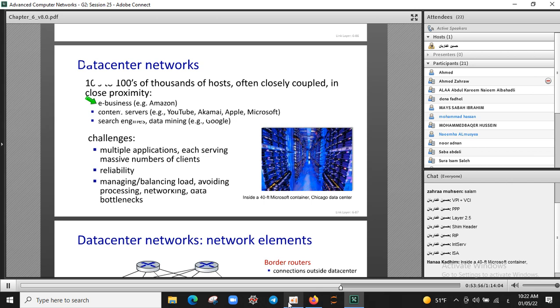Because if a big portion of load is forwarded to a specific part of the data center, that part would be congested, and it couldn't answer the queries in a short period of time.